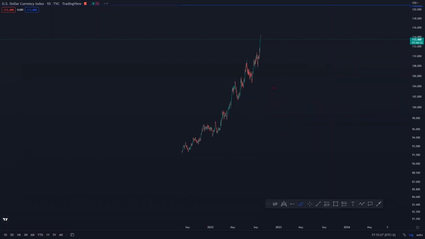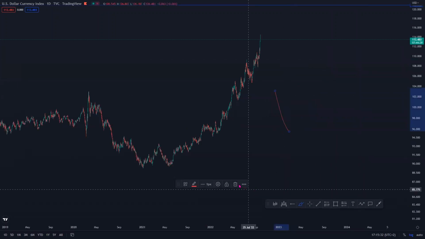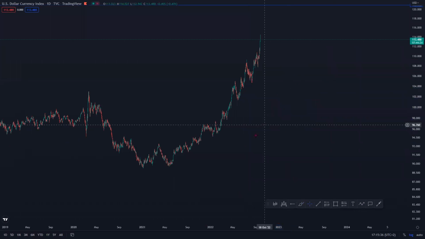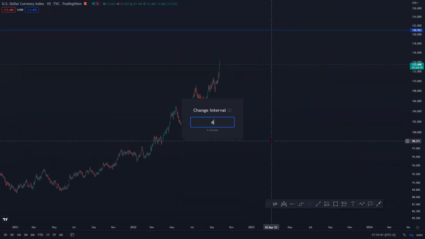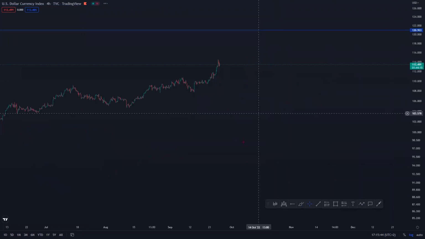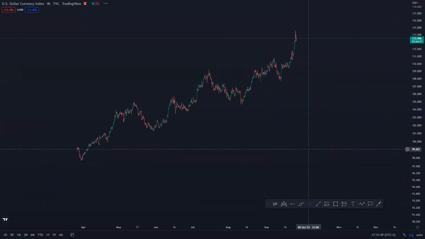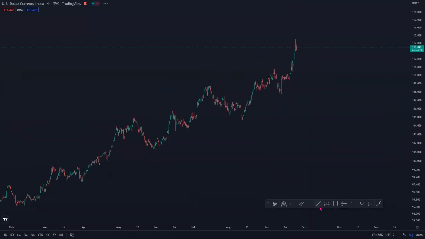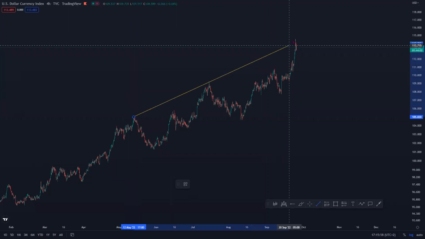The main thing we have to focus on is the current price movement. I don't see anything, so let me go to the 4 hour. And guys, remember, when you draw your trend lines, you don't have to force anything.